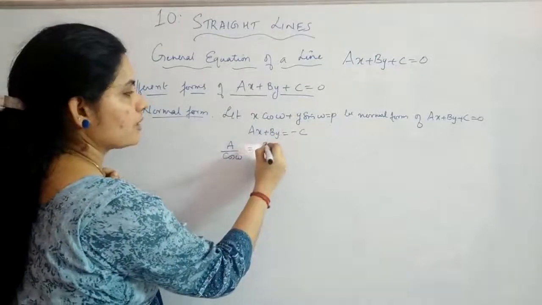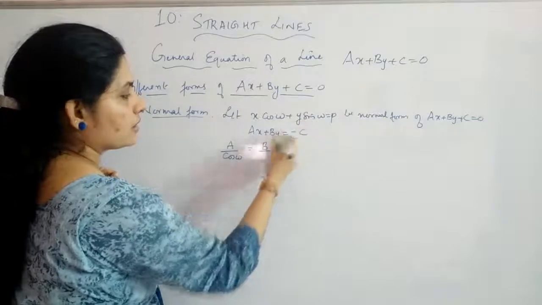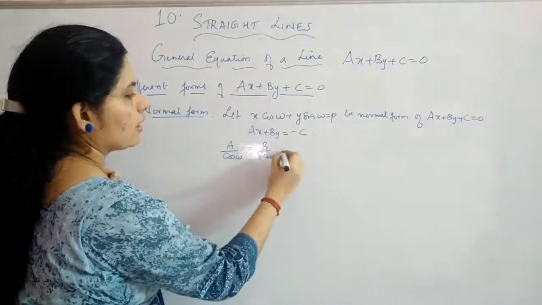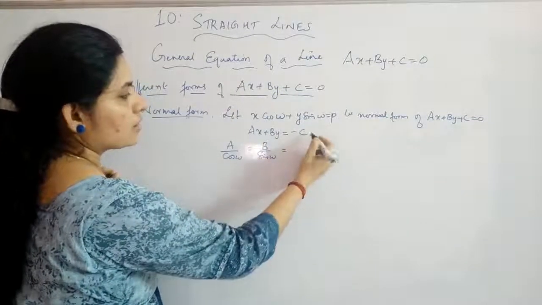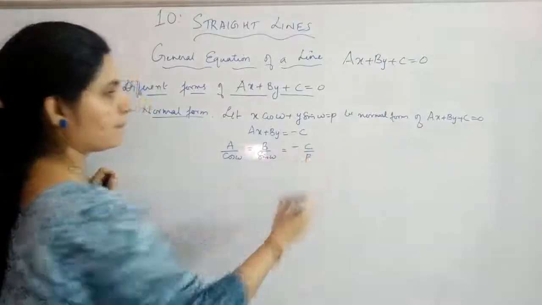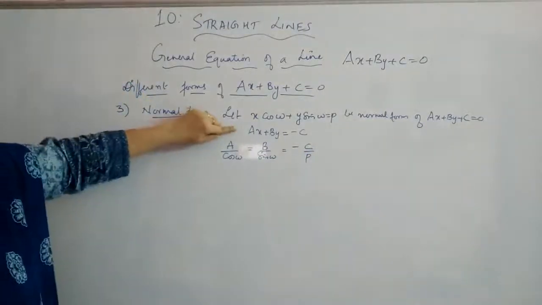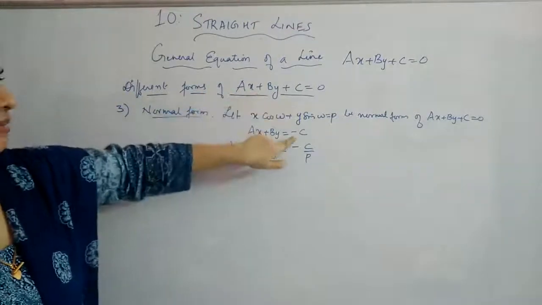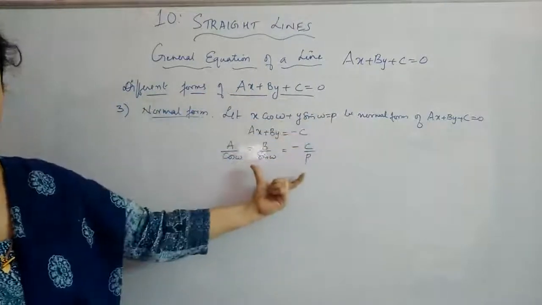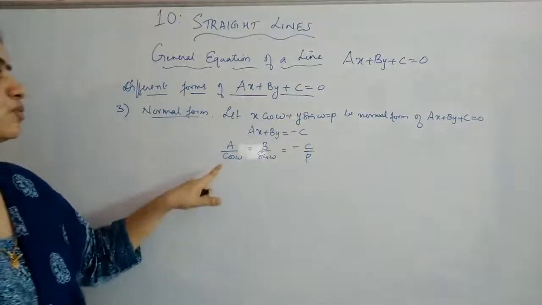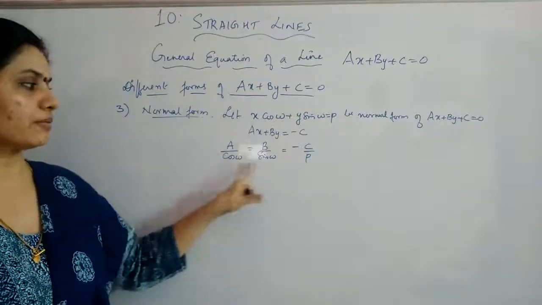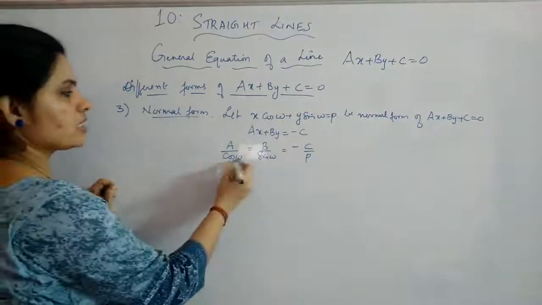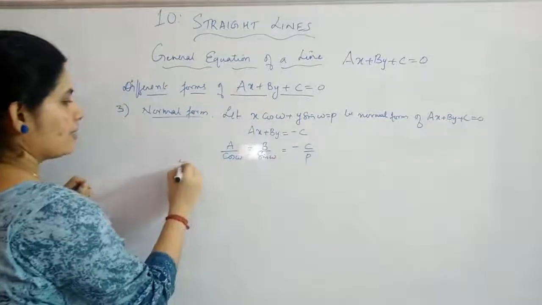What is the coefficient of y? b by sin omega, and here you have minus c by p. Okay, a by cos omega, b by sin omega, minus c by p, all will be the same. Now our purpose is to find out what cos omega and sin omega are from these things.